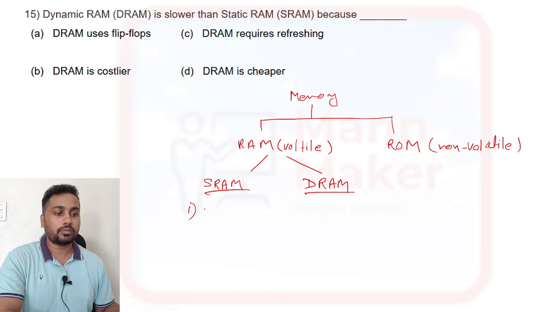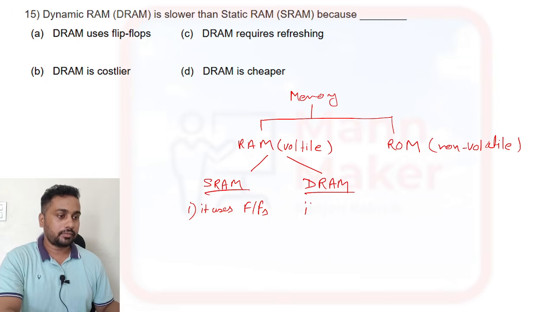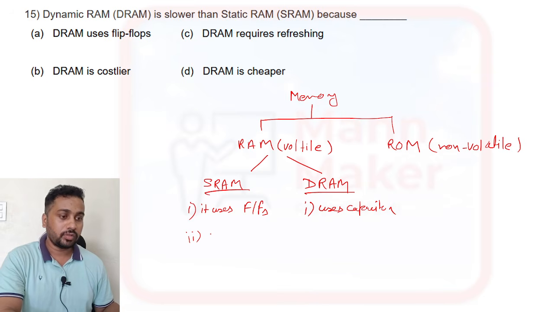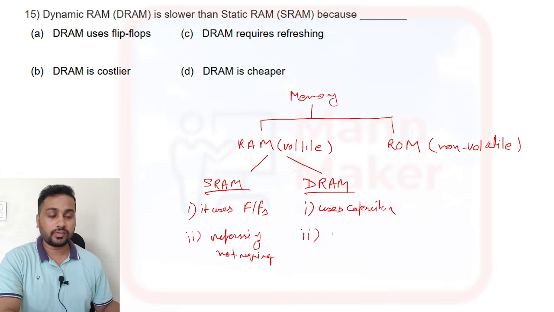If we talk about SRAM, SRAM uses flip-flops for storing the elements. And DRAM uses capacitor to store the element. So as SRAM is using flip-flop, refreshing is not required. And here, as DRAM is using capacitor, refreshing is needed.